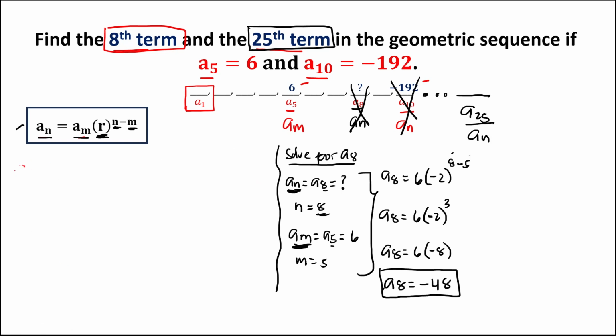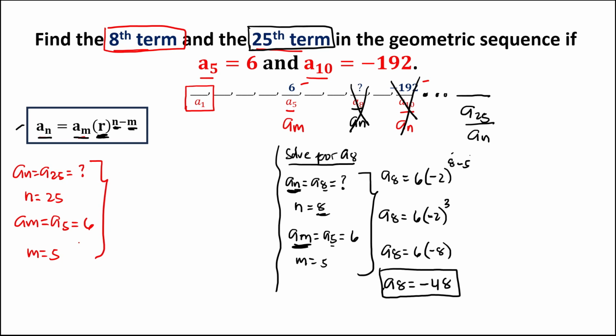From the given, a sub n equals a sub 25, and again, this one is the unknown. Therefore, n is equal to 25. Then for a sub m, the same a sub 5, and this is equal to 6. Therefore, m is equal to 5.